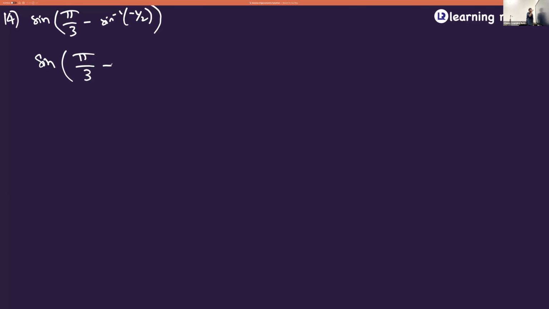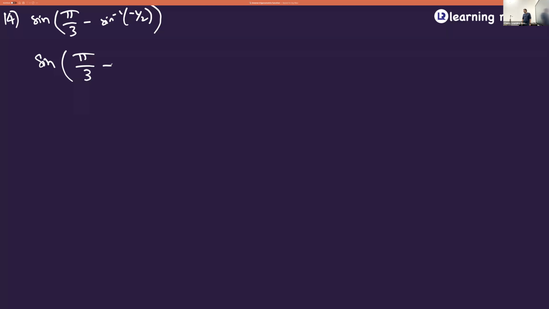Okay. 14th one. Sine of pi by 3 minus sine inverse of minus half. Simple. Leave the trigonometric function as it is. Always solve the angle first, then you can solve the trigonometric function.